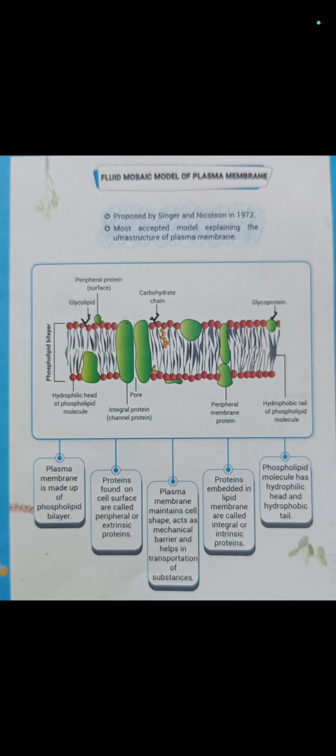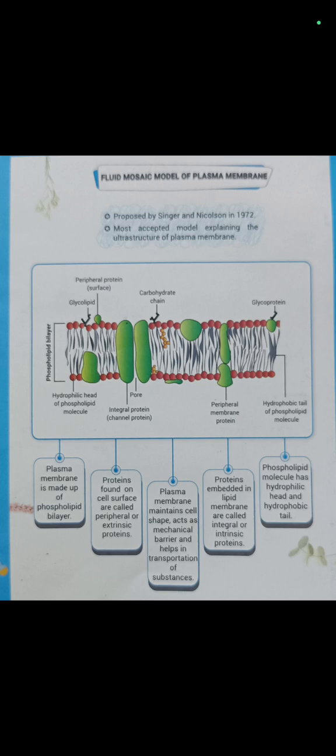The peripheral proteins are also known as extrinsic proteins, and the integral proteins are also known as intrinsic proteins. Now, some proteins have glycolipid and glycoprotein on them. Glycolipid is the sugar that is attached to the lipid layer, and glycoprotein is the sugar that is attached to the protein layer.